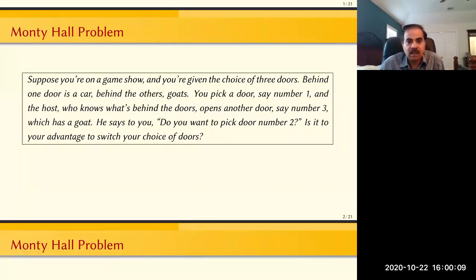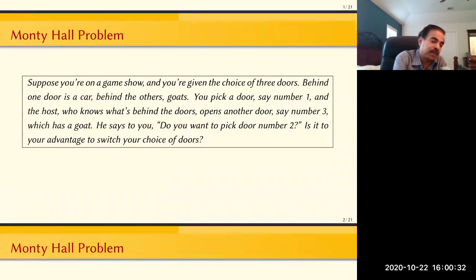Now you already know that there is a goat behind one of them. So if you just completely forget your choice and remake your choice, you seem to have a probability of half of picking the right one, right?